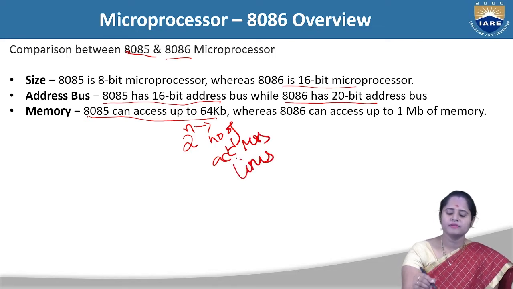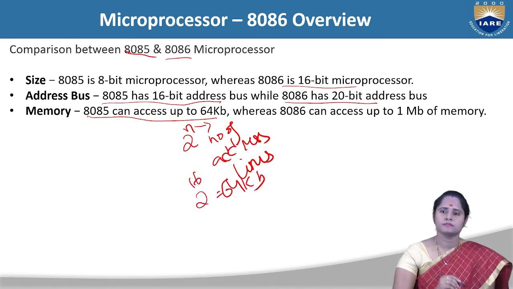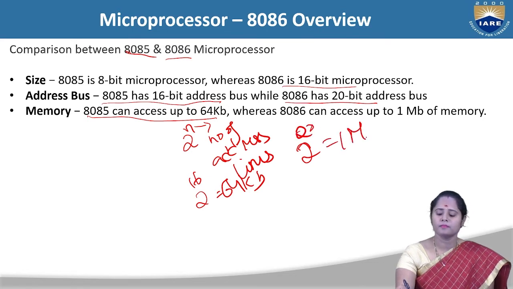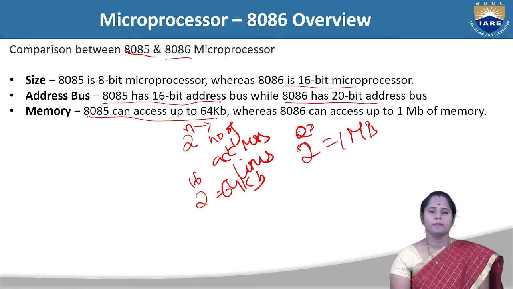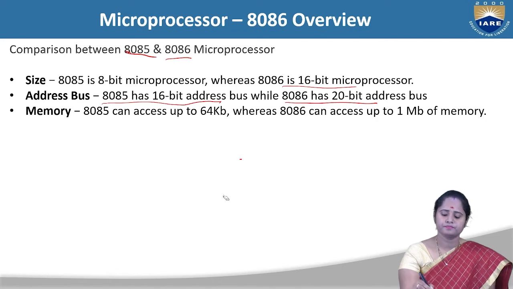How many address lines do we have in the 8085? 16 address lines. So 2 power 16 gives you 64 kilobytes. Whereas in the 8086 we have 20 address lines, so 2 power 20 gives you 1 MB. So the memory capacity is determined by how many address lines there are.